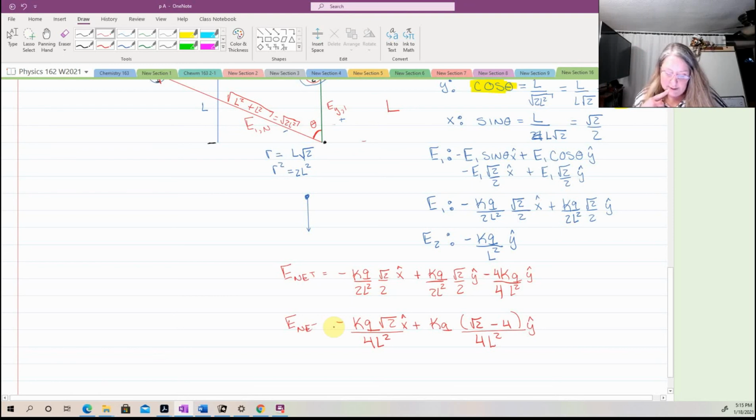That's it. So that's as pretty as I can make it. I would have to have a Q value to make this more simplified. One of the things I could do if I wanted, I could factor out the k, Q, and the 4L squared. So I'd have root 2 minus 4 in my y hat, and I'd have negative root 2 in my x hat. So what that tells me is that I'm going to end up with a negative y hat.